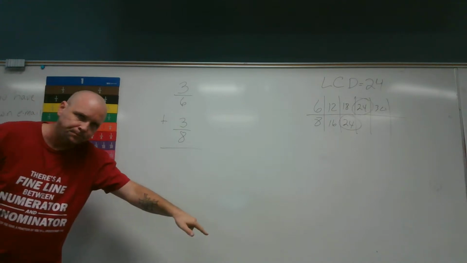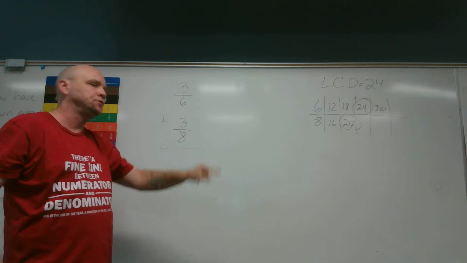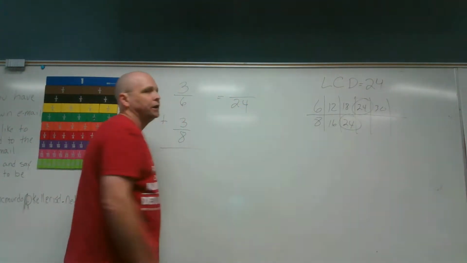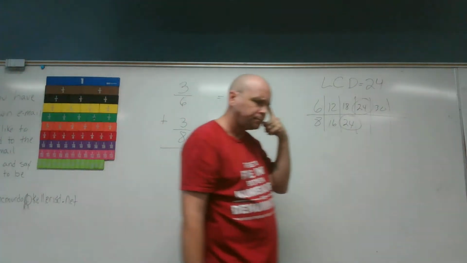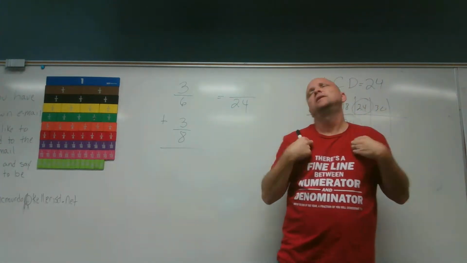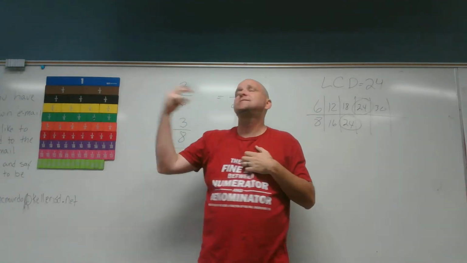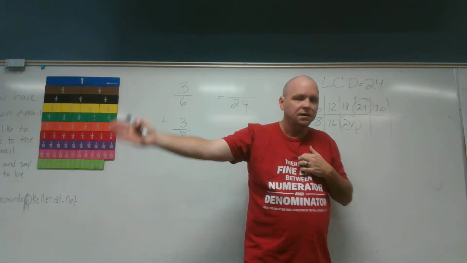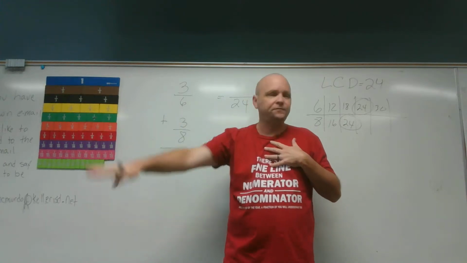So now, I noticed some students were just changing 3/6 to 3/24. Let's think about that for a moment. If I gave Paul a test that had 6 problems on it, and he got 3 of them correct, what grade would you have, Paul? 50.